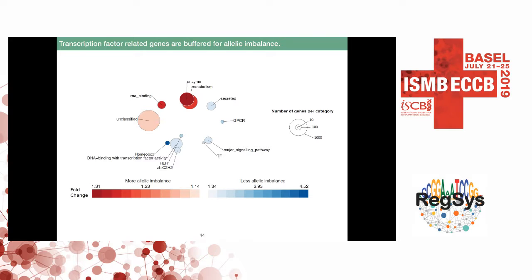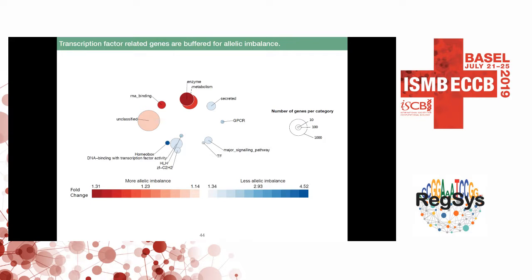So we wanted to go a bit deeper into what we gain from allele-specific data. We also looked at the enrichment for gene categories relating to allelic imbalance. And you can see the redder, the higher the category is likely to be imbalanced. In contrast, the bluer, the less likely it is. And you can see that the gene categories that seem to be more enriched in allelic imbalance are unclassified genes or metabolism-related genes.